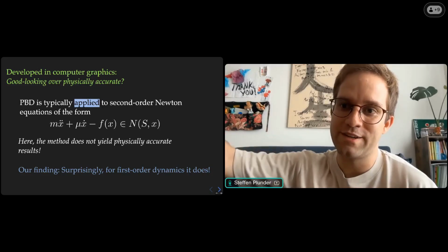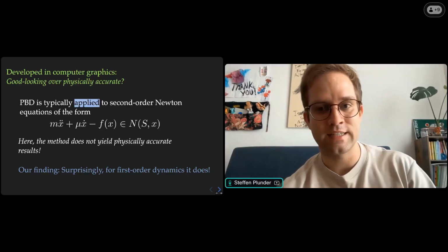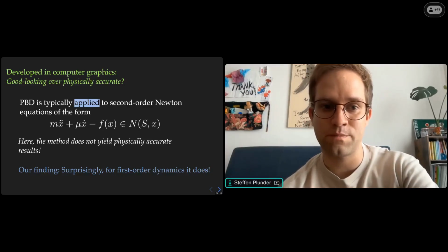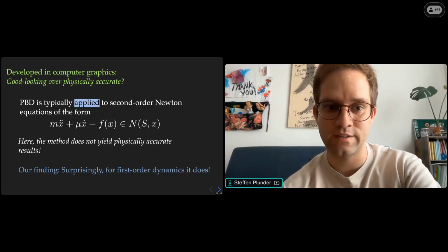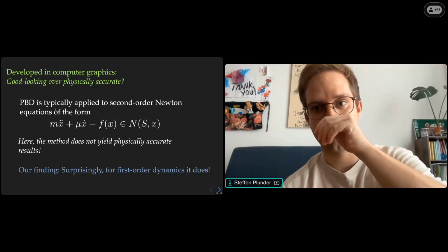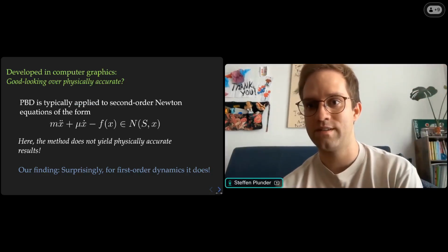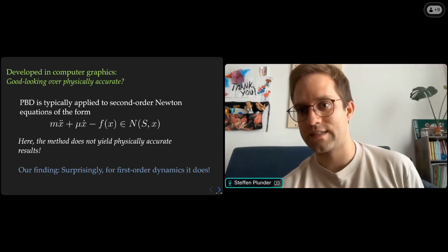But the wrong limit looks good and it converges very fast to that. And the reason is for the second order PBD method for Newton equation, they use some extra trick, which I'm not showing at the moment. There is some extra trick which makes the method very stable, but throws away all physics.